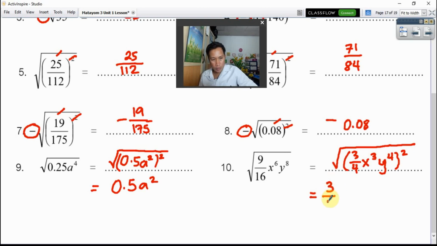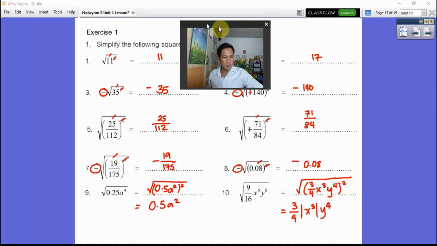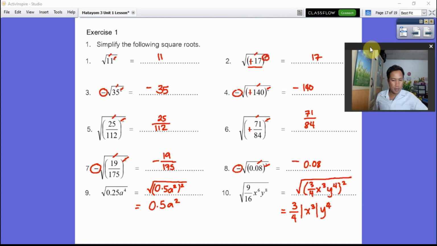Now we will have 3 over 4 absolute value of x cubed, and then y to the power of 4. From the questions that we have, we only have one example that needs an absolute value. Remember, if the result has an odd exponent, you have to put the absolute value sign. Very simple. If you want, you can check your work here.